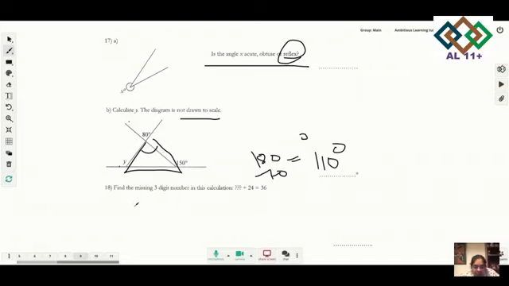Let's try doing the next one now. Find the missing 3-digit number in the calculation: something divided by 24 is 36. That's an easy one. So what's missing in A? You need to find out what's missing. You could do it the other way: you take it to that side and do it.